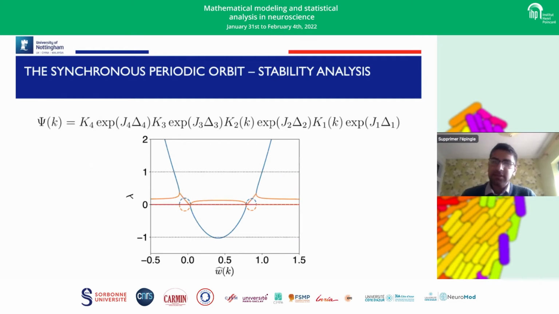But we can go further because that non-local entry in the stability matrix only depended on the Fourier transform of the connectivity. We can look at a kind of kernel independent stability. So for a given parameter set, a plot like this will tell us whether an orbit can ever be stable or not.